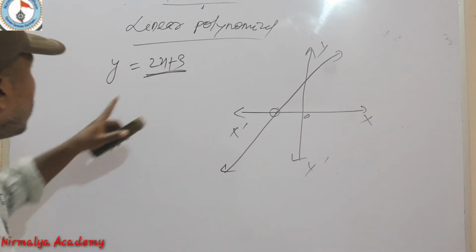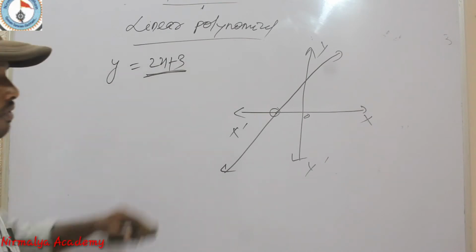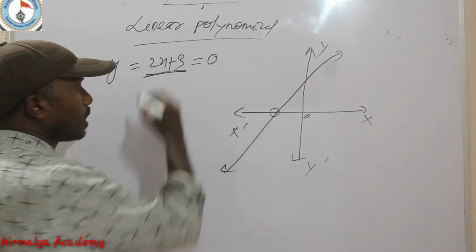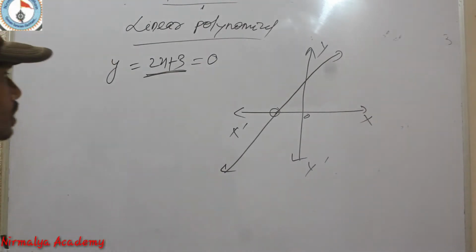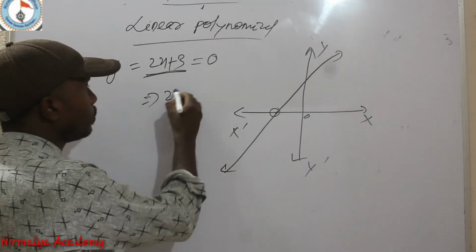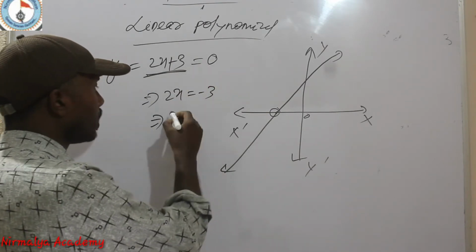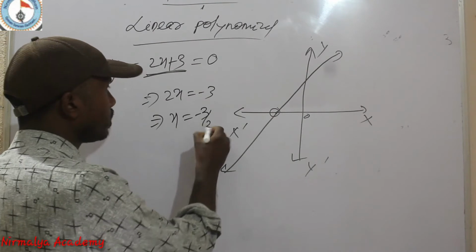For example, if we want to know the zero of the polynomial 2x plus 3, we have to write 2x plus 3 equals 0. That implies 2x equals minus 3, or y equals 0. That means x equals minus 3 by 2.